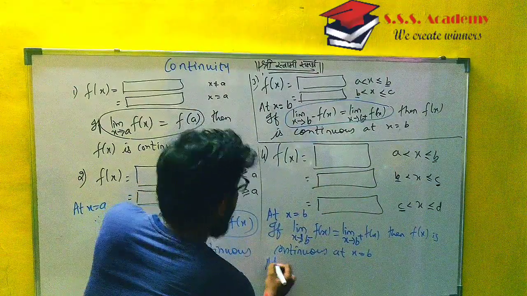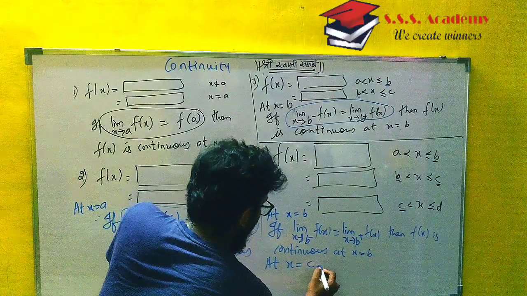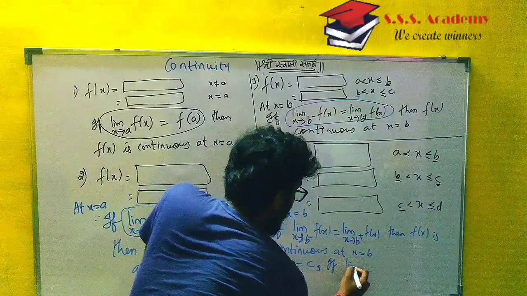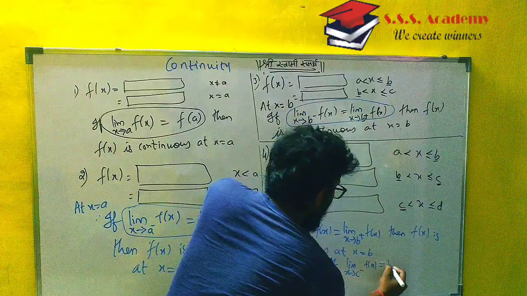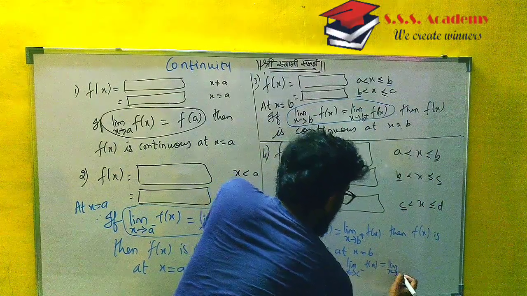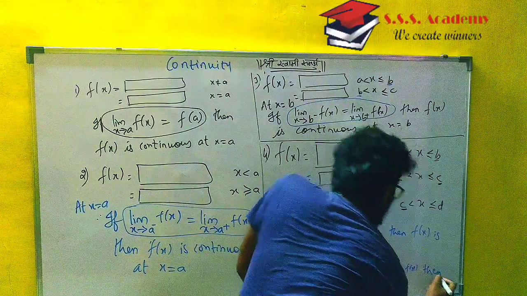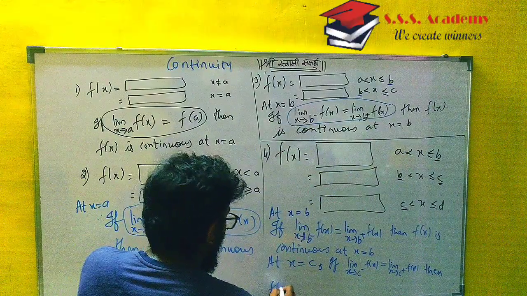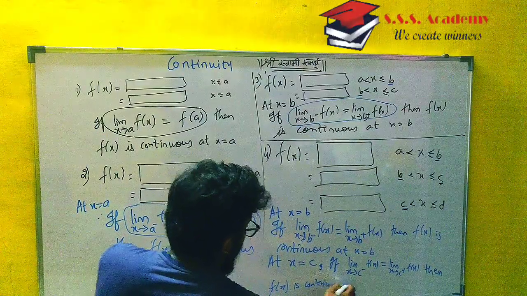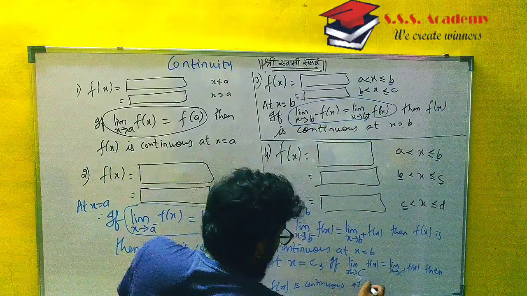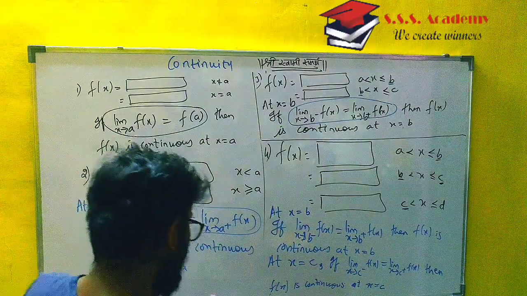Similarly, at x equals c, if limit x tends to c minus f of x equals limit x tends to c plus f of x, then we'll say that f of x is continuous at x equals c. Okay, so these are the two cases.